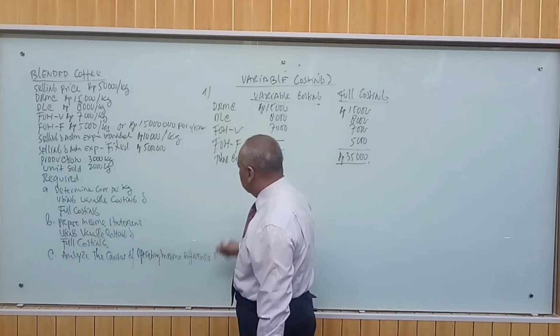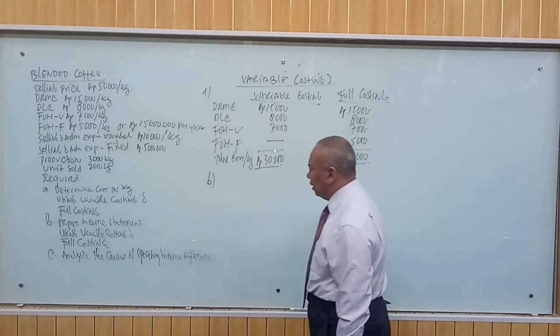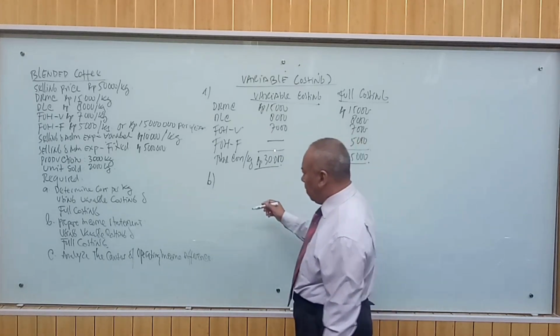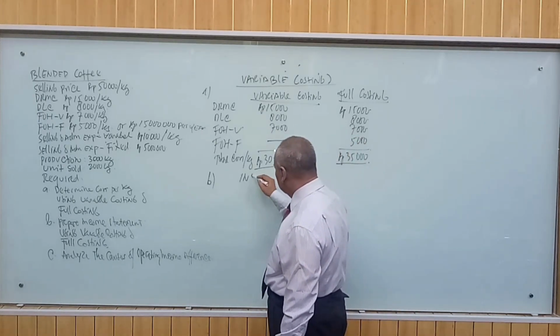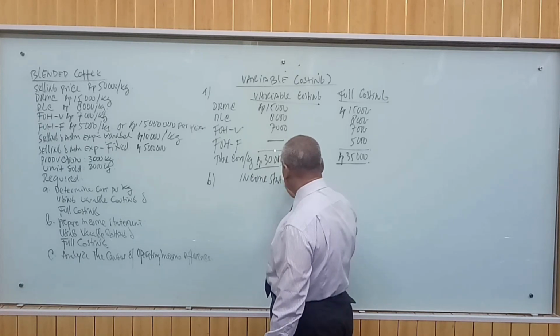For the second question, if we are using variable costing, this is the income statement.